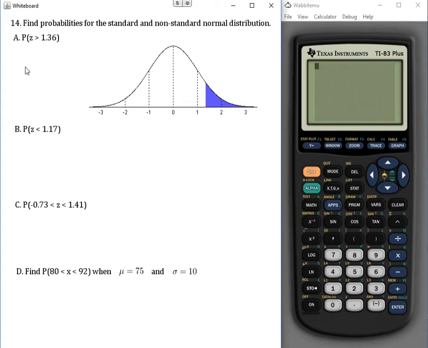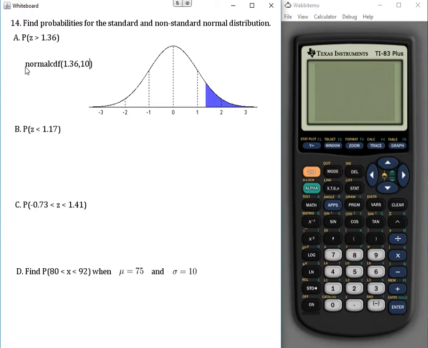The normal CDF function accepts two inputs. We have a lower z-score and an upper z-score that we provide as inputs. Our lower z-score is going to be the value 1.36, and the upper z-score is going to be positive 10. And remember, we're just representing positive infinity using the 10.